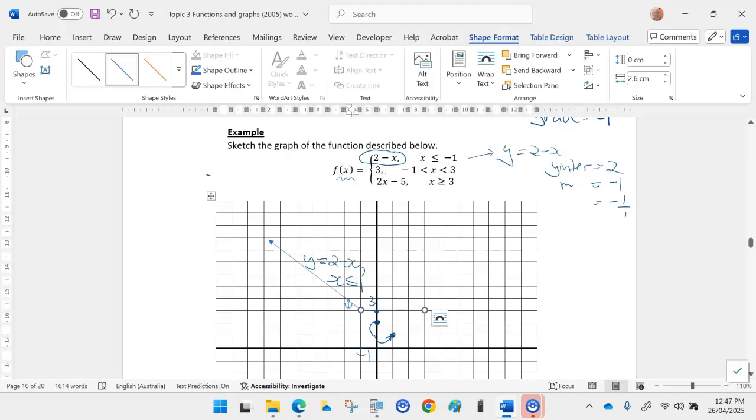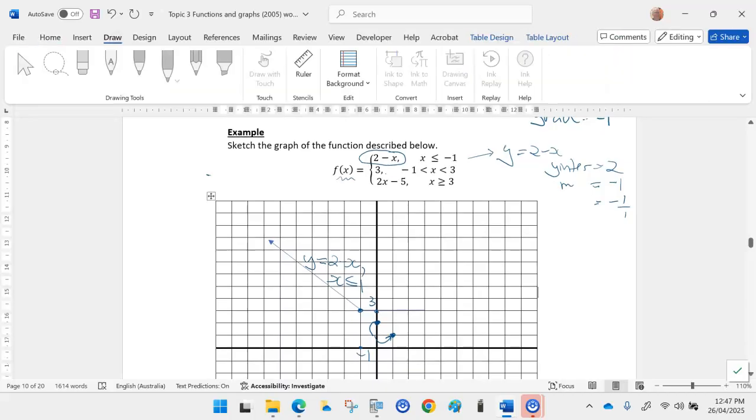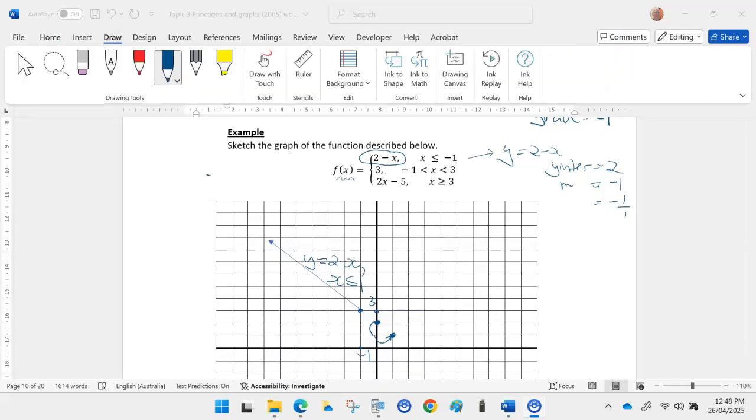Now, you'll see that the domain we're talking about is between -1 and 3, but not including those. So back on my graph, I can leave this middle line, this horizontal line, which is y is equal to 3.